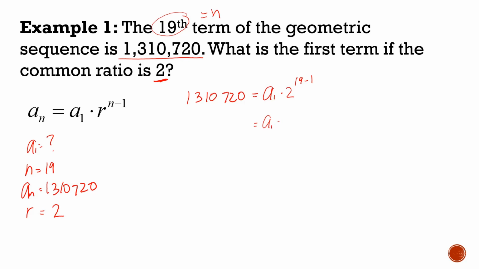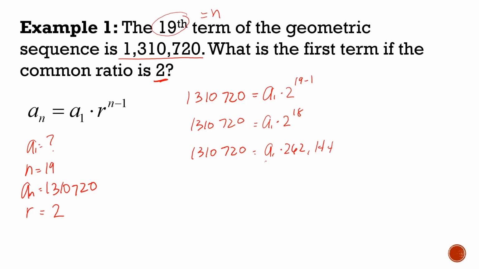So a1 times 2 raised to 18. And then what is 2 raised to 18? So 2 raised to 18 is equal to 262,144. So a1 times 262,144.